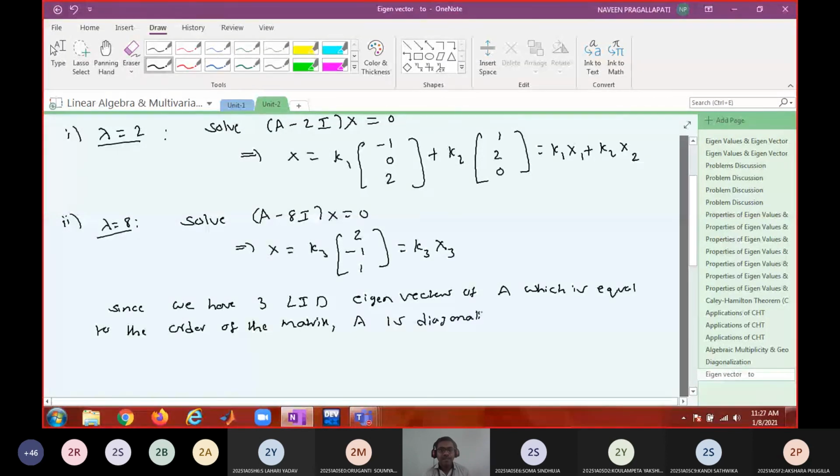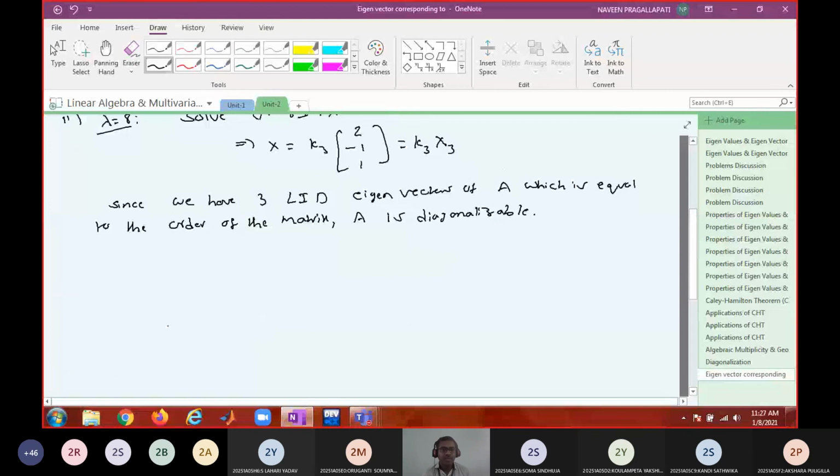Now how do you find out P? You construct a matrix P like this. Define P equal to, you put those vectors in column form x1, x2, x3. Don't put commas. What is x1? Minus 1 0 2. Next 1 2 0.